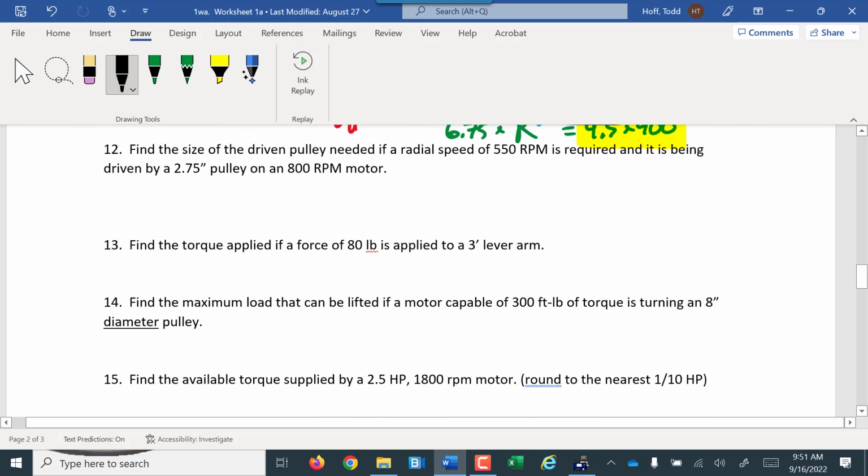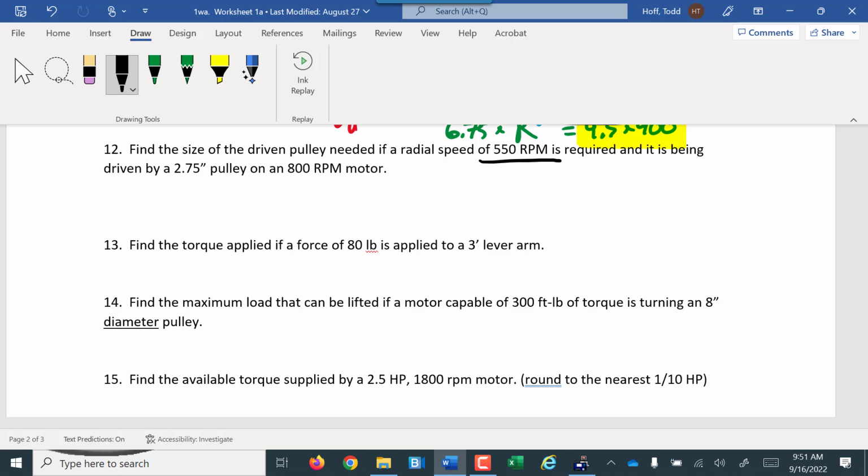Number 12, find the size of the driven pulley needed if the radial speed of 550 RPMs is required and it is being driven by a 2.75-inch pulley at 800 RPMs. This is exactly the same type of question with different numbers.